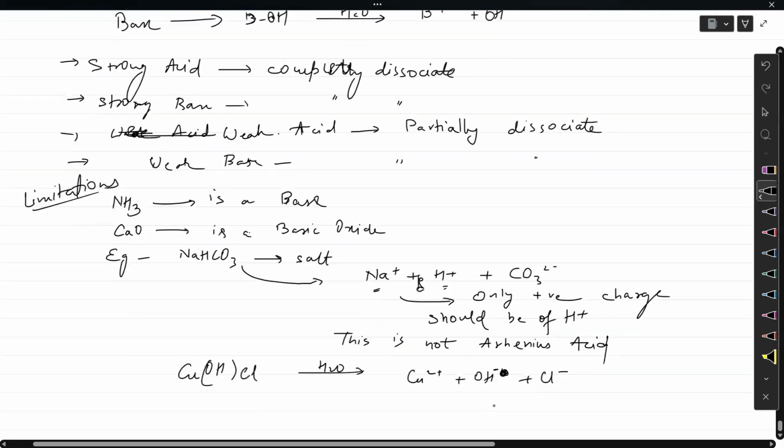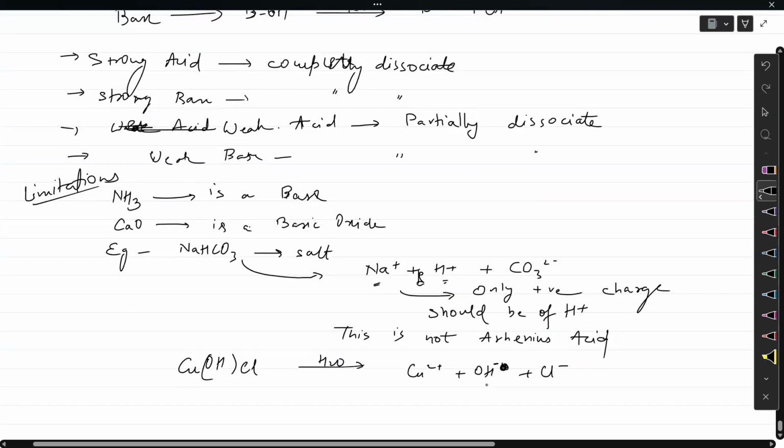If only OH minus were present, it would be a base, but because Cl minus is also present, this is not an Arrhenius base. These limitations are not much mentioned in NCERT, but still I have mentioned them here. Got it, everyone?